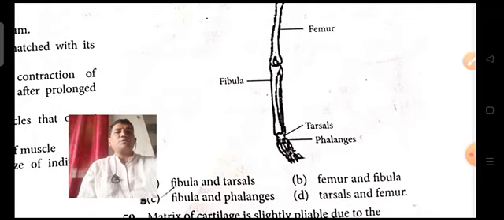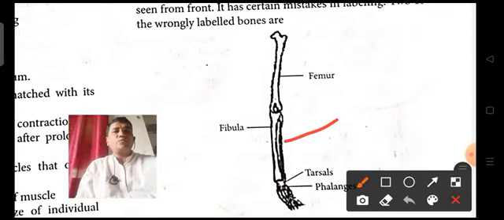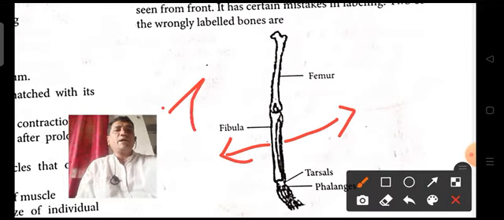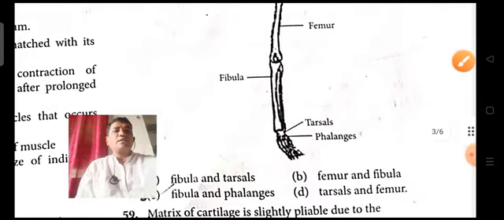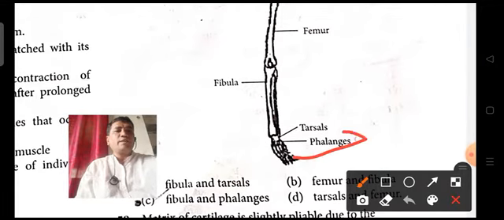So phalanges is wrongly matched, and tibia and fibula are also wrongly matched. The bone you are seeing is called the fibula, and this is called the tibia. The phalanges should be this one.